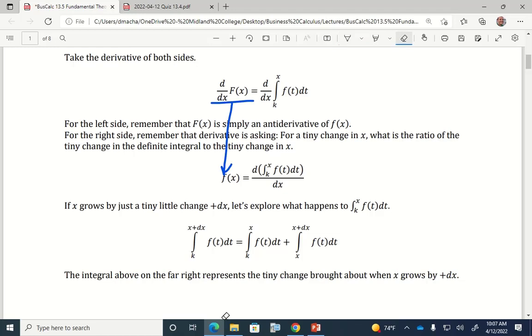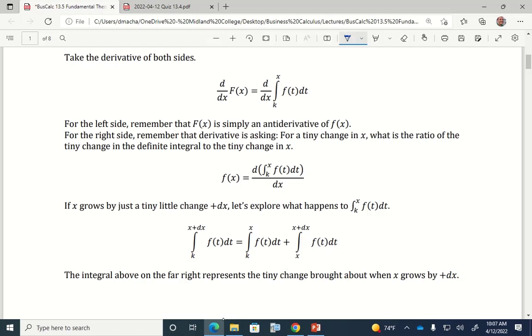And then on the right side of this equation, the derivative, that d over dx operator, remember that the lowercase d's represent small changes. When you take a derivative, you're saying, for a given small change in my independent variable x, what kind of small change would be introduced in the function we're talking about? Then we talk about a ratio between that small change in the function divided by the small change we introduced in our independent variable.